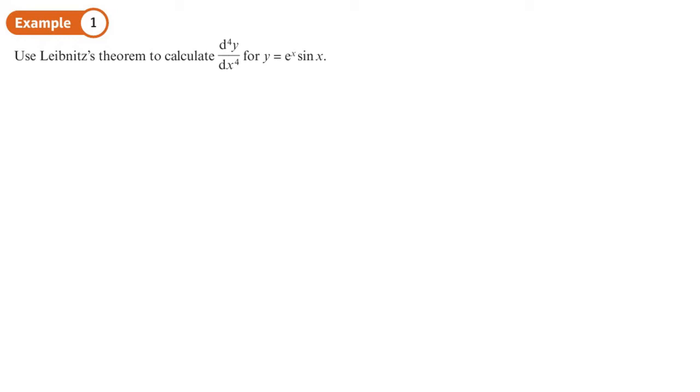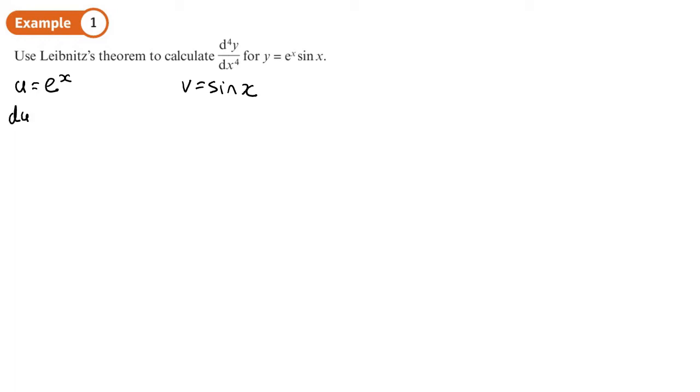So what we've got here is to use Leibniz's theorem to calculate the fourth derivative of y equals e to the x sine x. So it's a product, and we want to start by working out what all of these derivatives are. So u is going to be e to the x, and v is going to be sine x. And we want to go all the way up to the fourth derivative of each one.